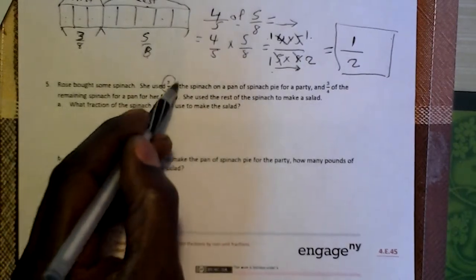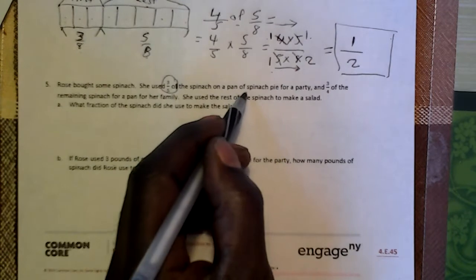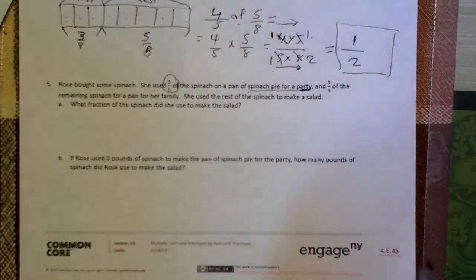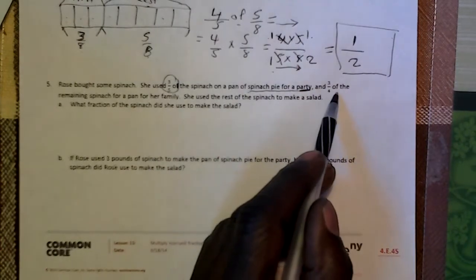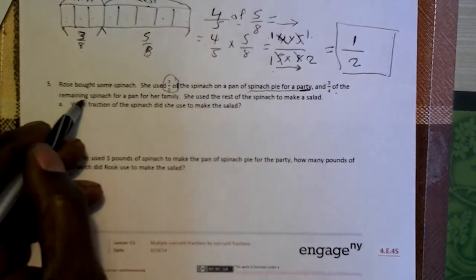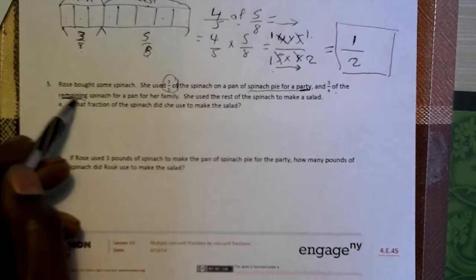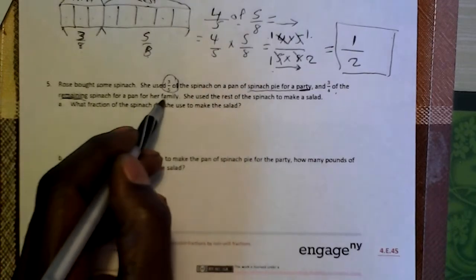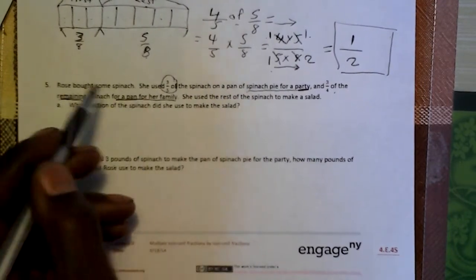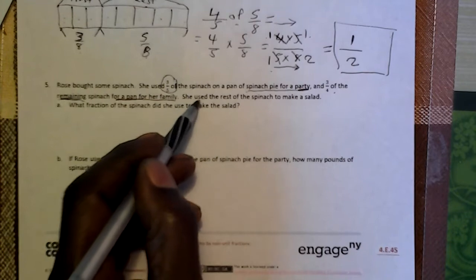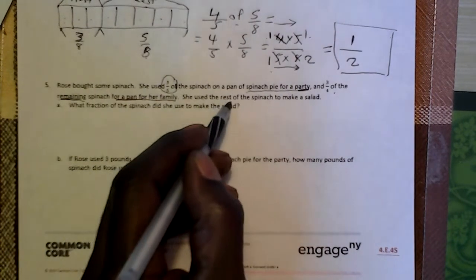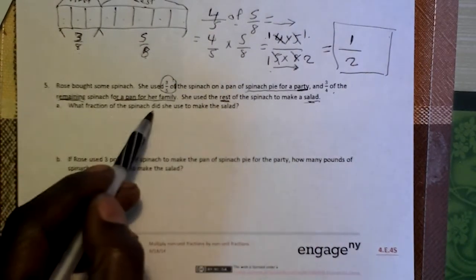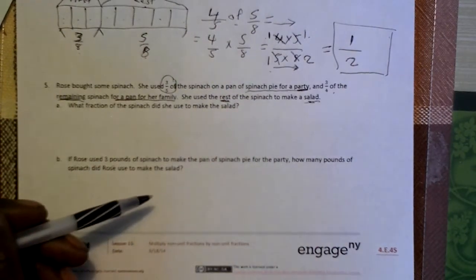She used 3/5 of the spinach in a pan of spinach pie for a party, okay? She used 3/4 of the remaining, which means what's left after she used the 3/5, for a pan for her family. Then she used the rest of the spinach to make a salad. What fraction of the spinach did she use to make the salad?